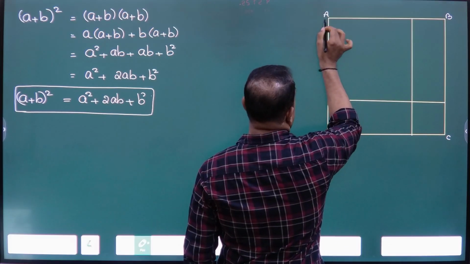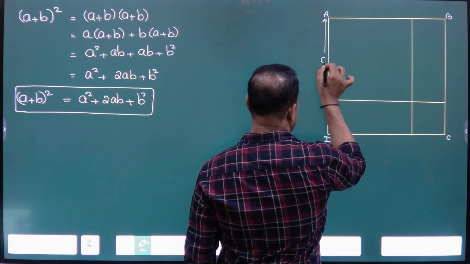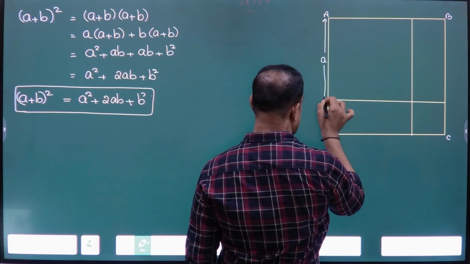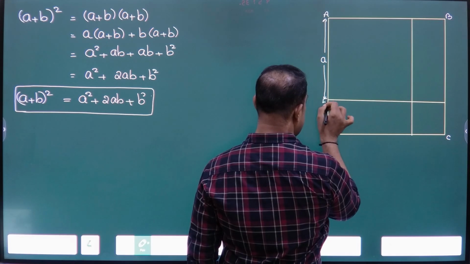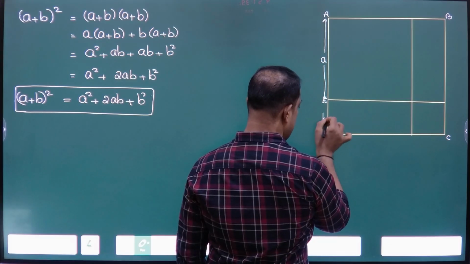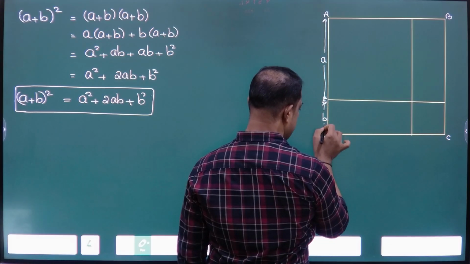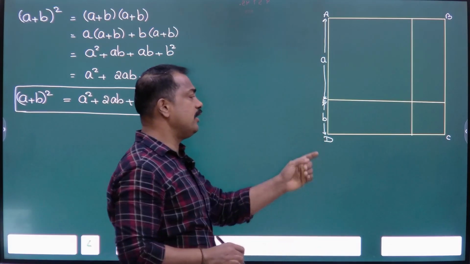In this square, the length of this portion is A. That is A, B, C, D, E. A to E. What is the answer? A, B. Sorry, A. Or E to D, B. What is the length of the side of the square?